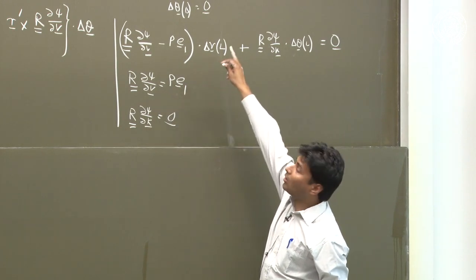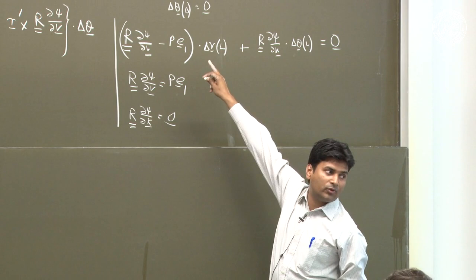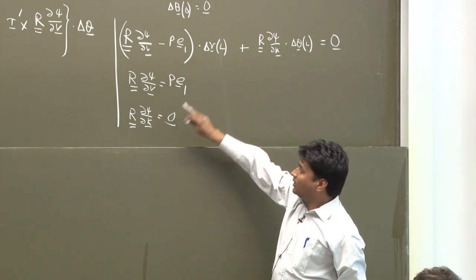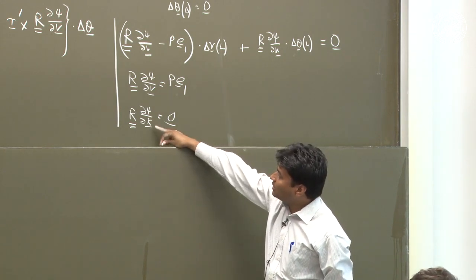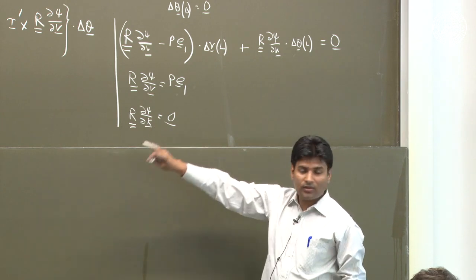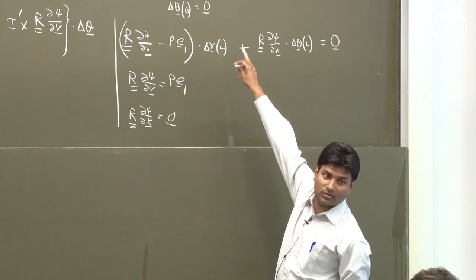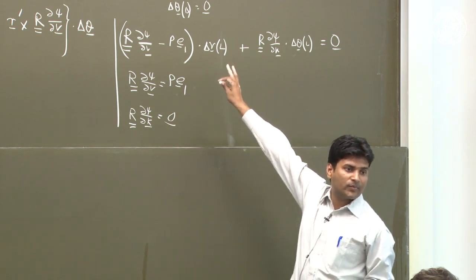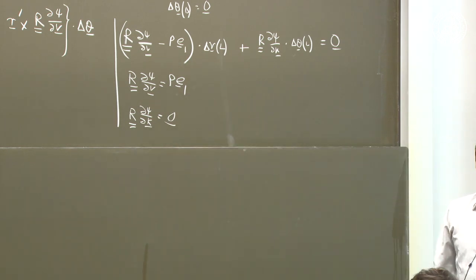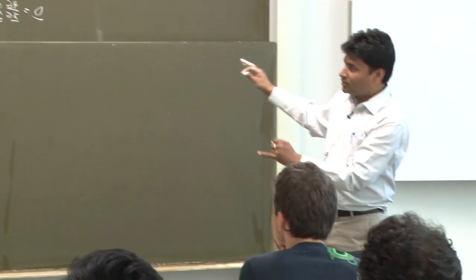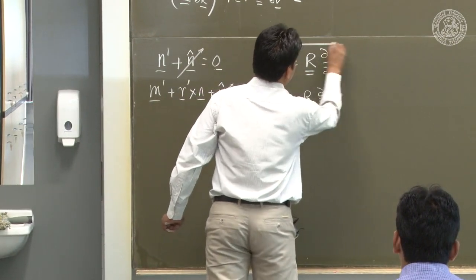That is what you have in the problem also, right? Contact force at L is equal to PE1. Similarly, this big R times del psi by del K, which is moment at L, is equal to 0 because it is moment free at the other end. Okay, so the whole thing was done to establish these two relations.